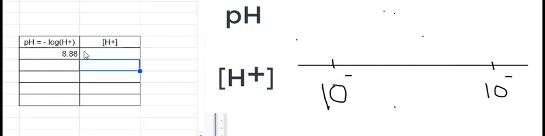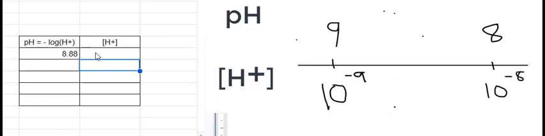So now we have a pH of 8.88. Remember what whole number pH values would bracket this value, 8.88. So we have 9 at one end and then 8 at the other end. So we would anticipate that our H plus value would be between 10 to the minus 9th and 10 to the minus 8th.